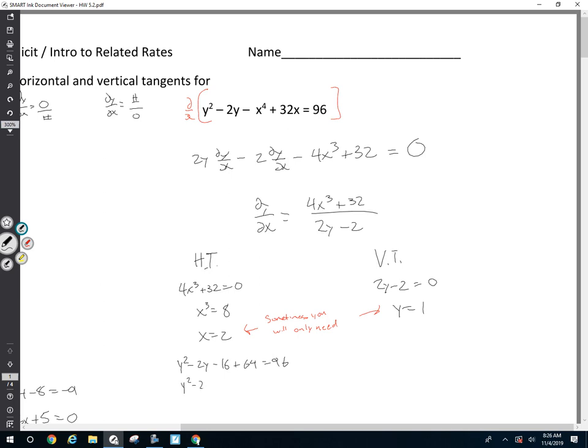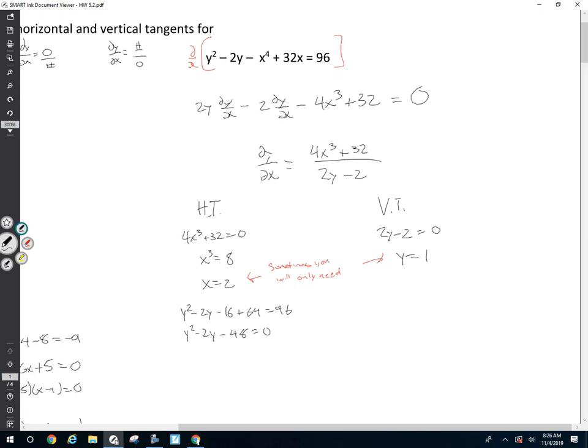So y squared minus 2y minus 48 equals 0. 8 and 6, right? Y minus 8, y plus 6. Add to get negative 2, multiply to get 48. So y is equal to 8 and negative 6. So I have 2, 8, and 2, negative 6.